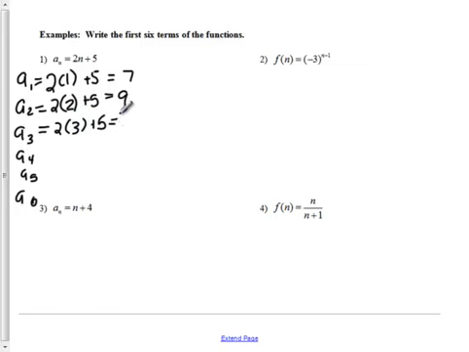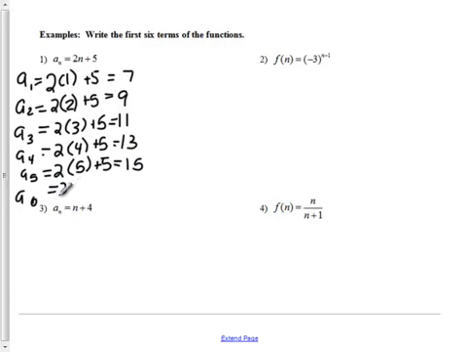So 6 plus 5 gives us 11. Keep plugging in. 2 times 4 now, plus 5 gives us 13. And then wherever we see n, we plug it in for all 6 terms. And the last one, we'd plug in 6.